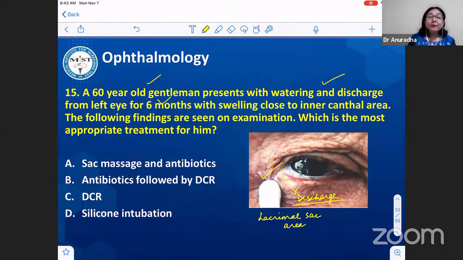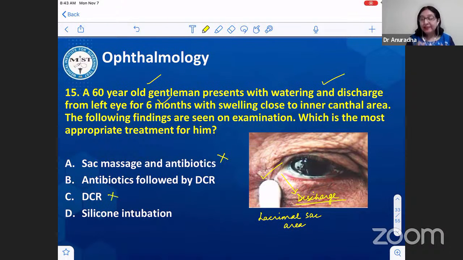So what is the most appropriate treatment for him? Will you go for sac massage and antibiotics? This alone will not help. Antibiotics followed by DCR. Yes, you have to do the DCR because it's a chronic case and the patient is having chronic infection. But you will not go straight away for the DCR.